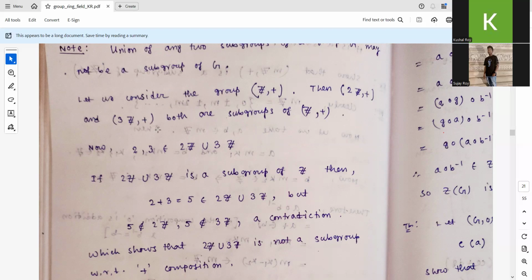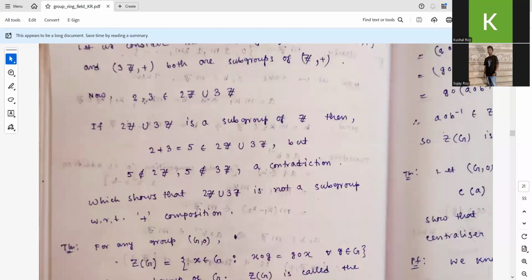So let us consider two elements, 2 and 3, from 2Z union 3Z. 2Z union 3Z means the collection of all the elements from 2Z and 3Z. So 2 and 3 both belong to 2Z union 3Z.